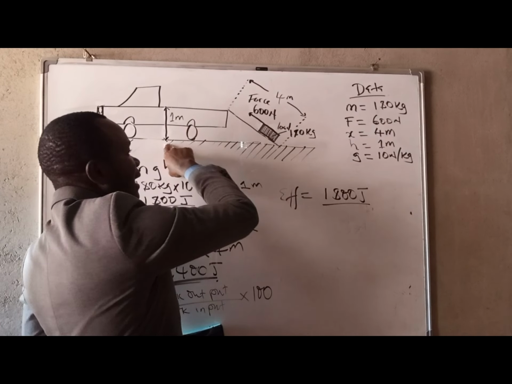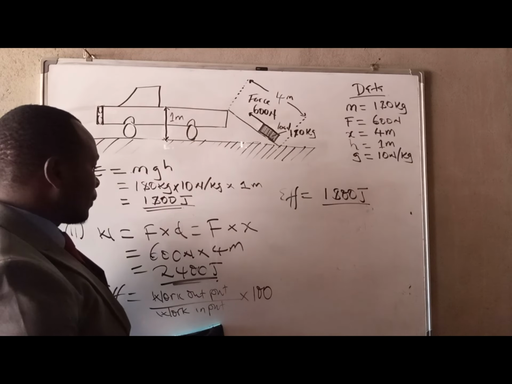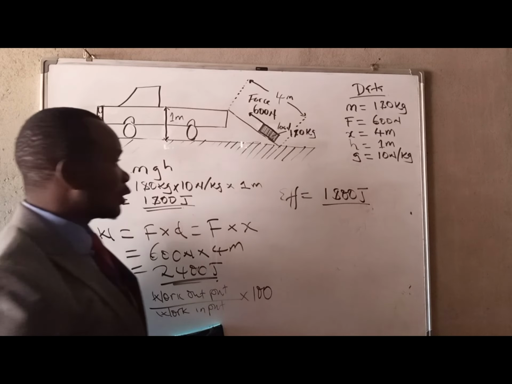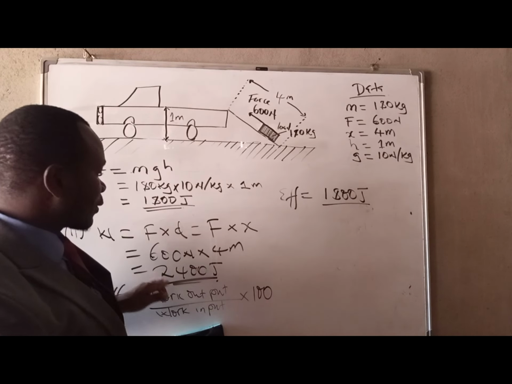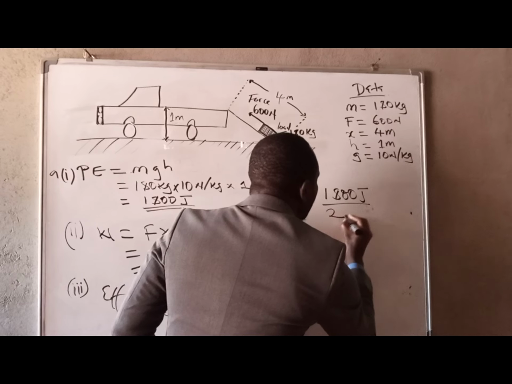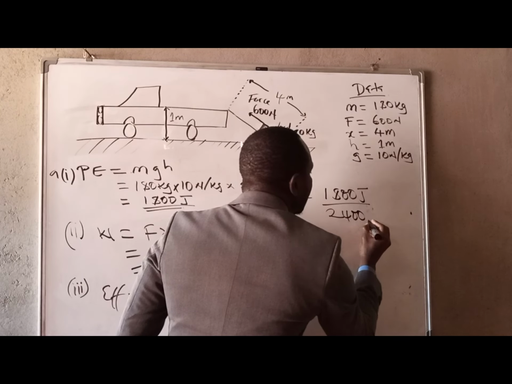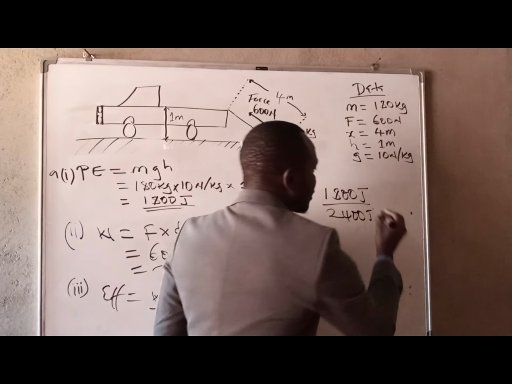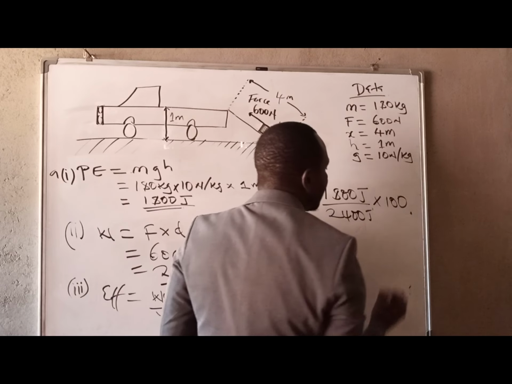To raise this is what we call the work input, which is 2,400 joules, times 100.